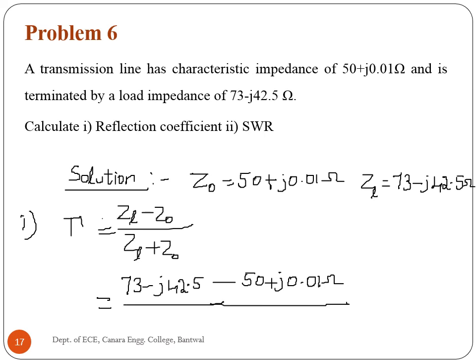Now ZL plus Z0, 73 minus j42.5 plus 50 plus j0.01 ohm.